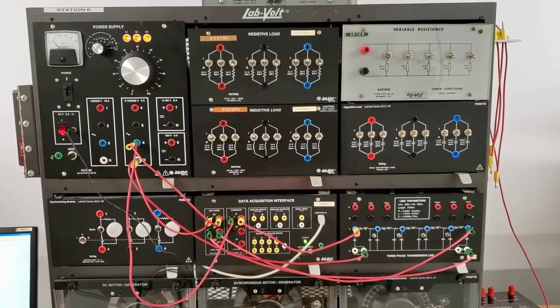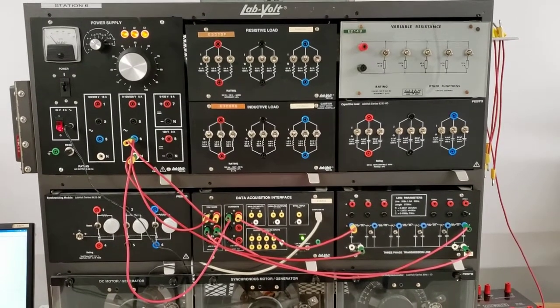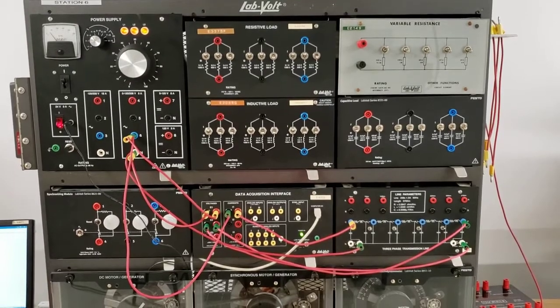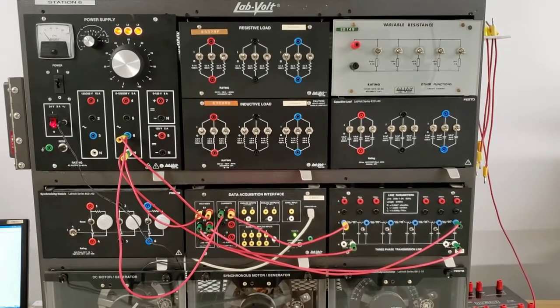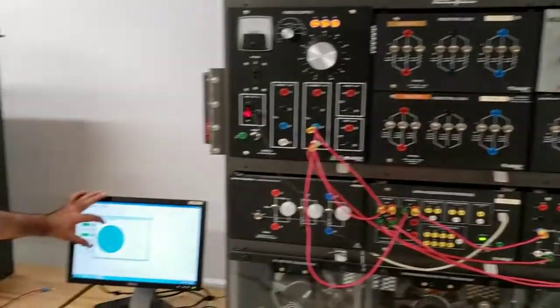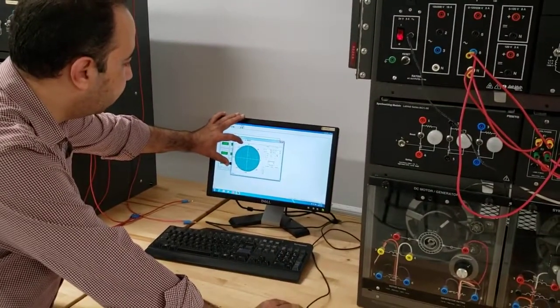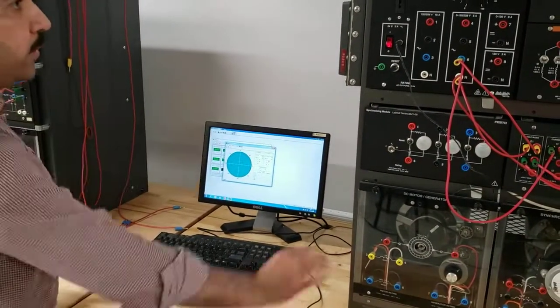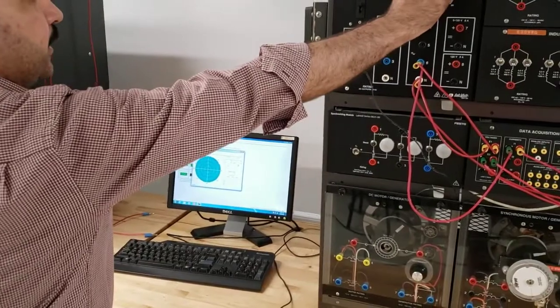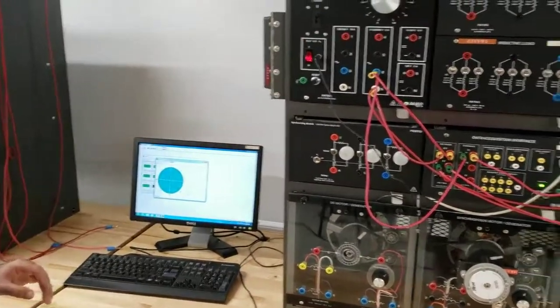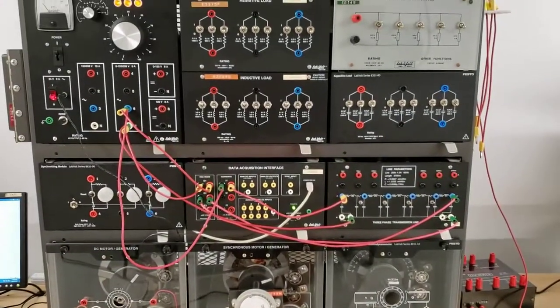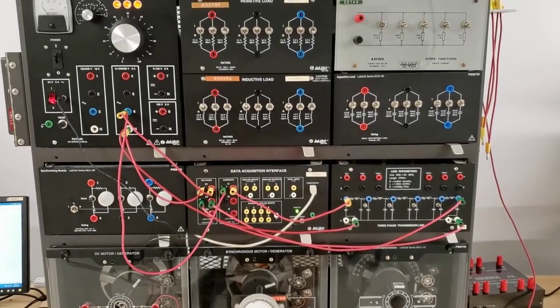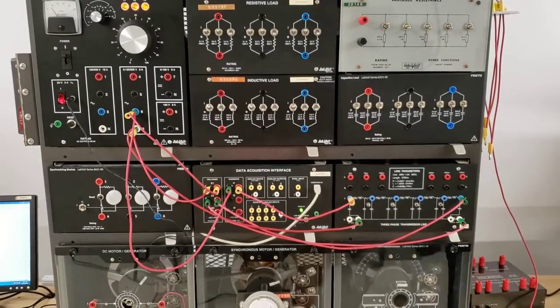And I need at the same time to measure the phase shift. That's why I'm going to use this guy for measuring the phase shift between the voltage and the current for the sending end. So I'm going to change the value of the voltage till I reach the required voltage. This is for the first part, which is the open circuit test.